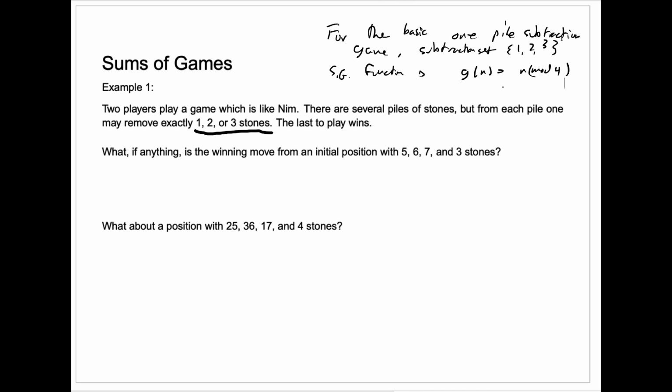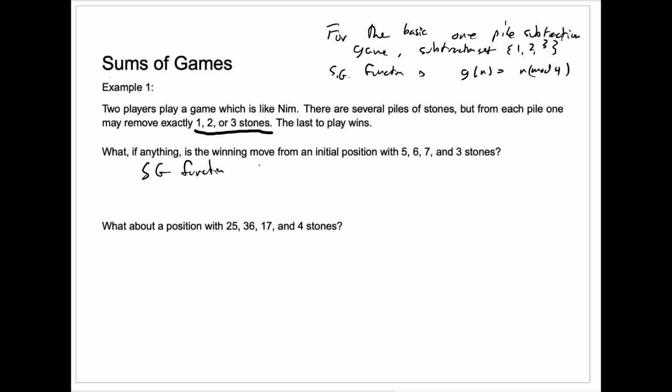What is the Sprague-Grundy function for our game here? Well, our game is the sum of 3 separate, or n separate if we have n piles, in this case 4 separate subtraction games, each with subtraction set 1, 2, 3.